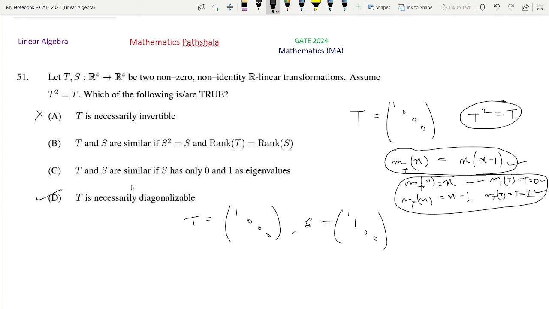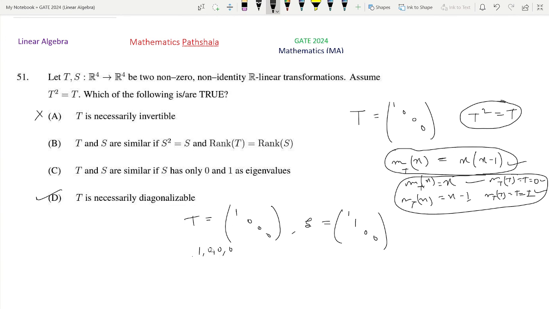So for option C, the hypothesis is that S has only 0 and 1 as eigenvalues. But here T and S will not be similar, because if two operators are similar, then their characteristic polynomial will be the same, and hence their eigenvalues will be the same. Here the eigenvalues of T are 1, 0, 0, 0.